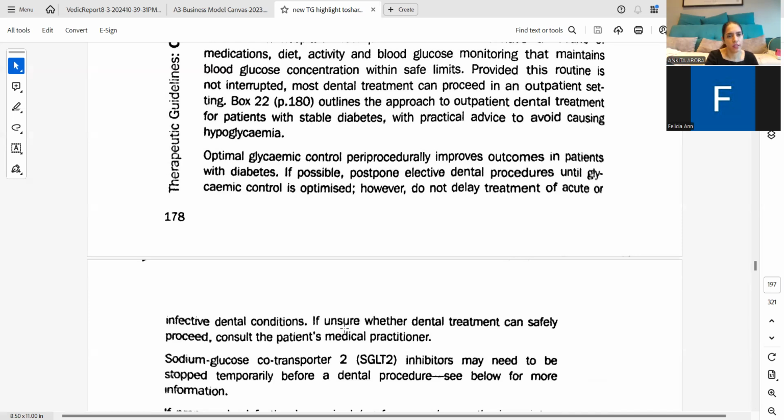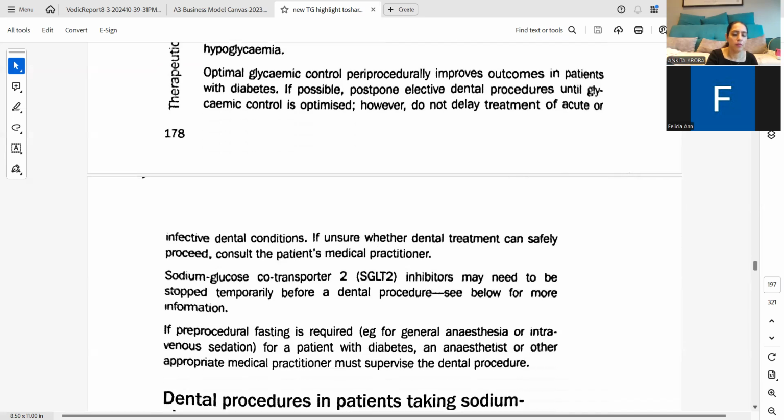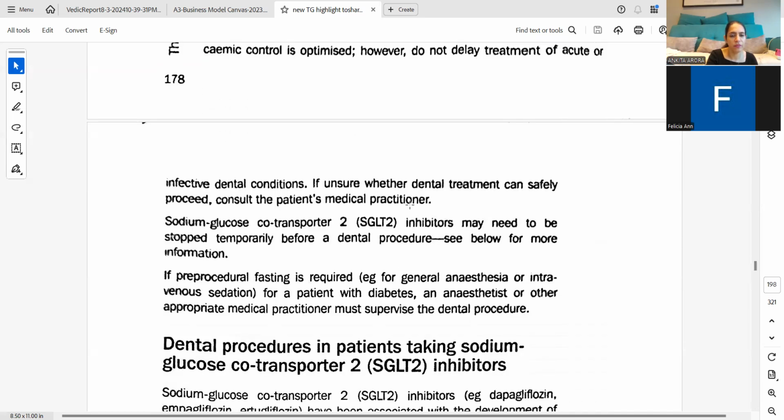So if there is doubt about the safety of the dental procedure, or diabetic management is impeding the safe delivery of oral health care, consult the medical practitioner. Sodium glucose co-transporter 2 inhibitors may need to be stopped temporarily before a dental procedure.